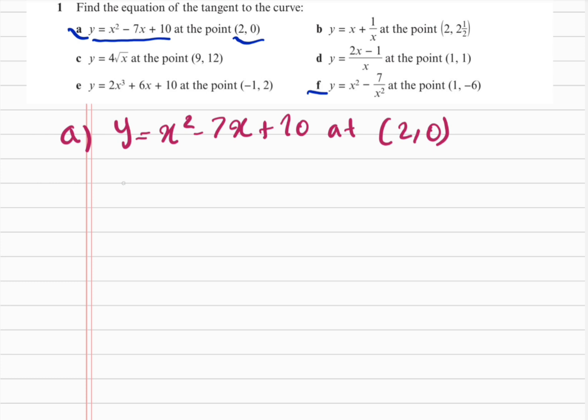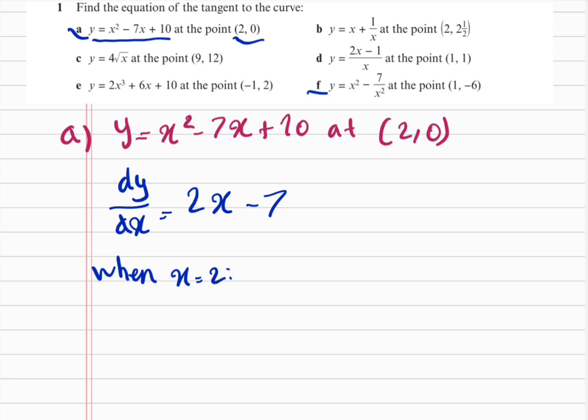So let's do that. We first find dy by dx. So we get 2x minus 7 because 10 differentiates to 0. Now we want to know what's the gradient when x is equal to 2. So we always use the x coordinate. So in this case, dy by dx is equal to 2 times 2 minus 7.